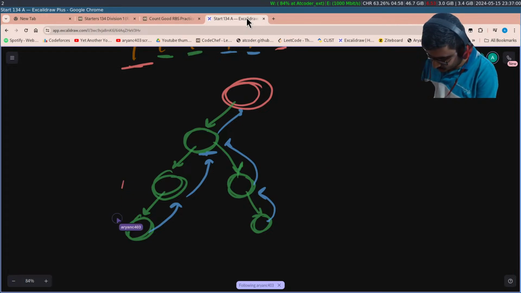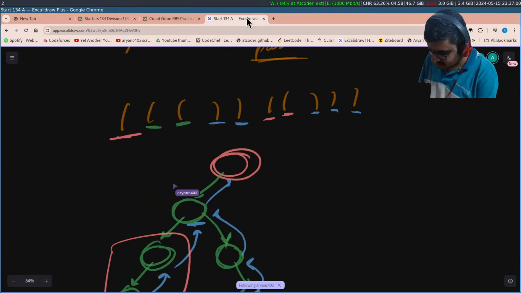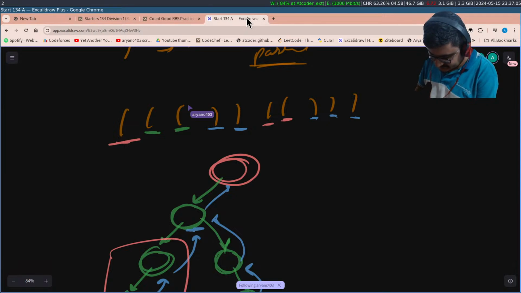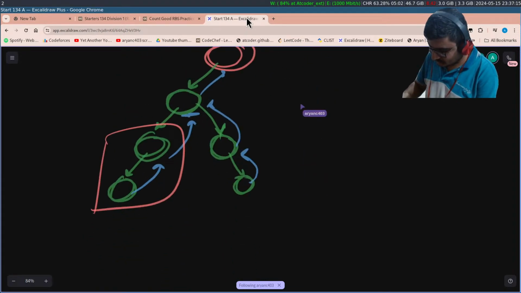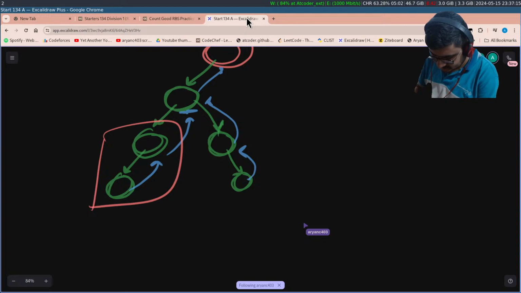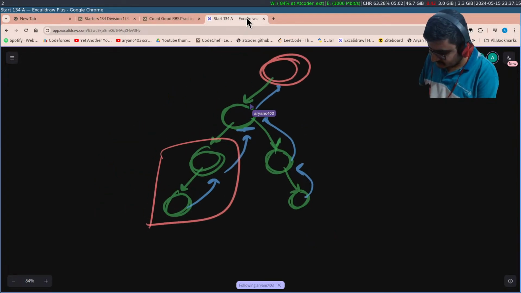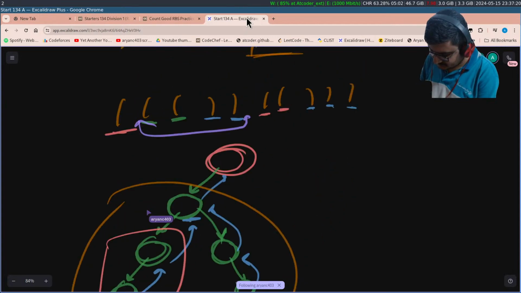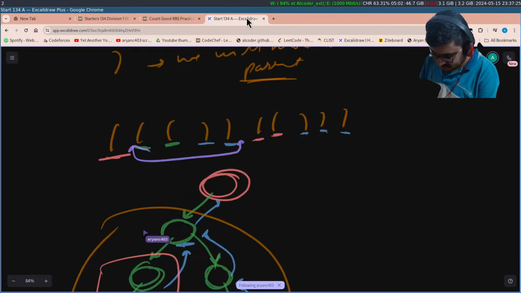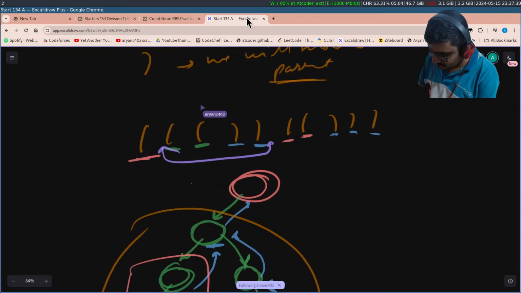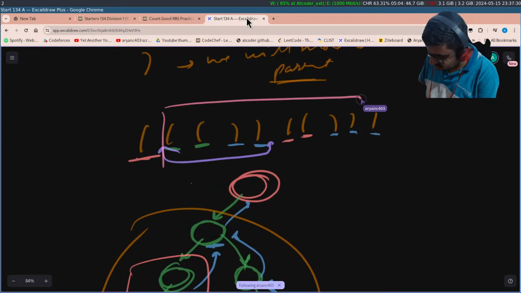For example, this tour of nodes is given by this string, or if we look at this tour of nodes, it is given by these nodes.